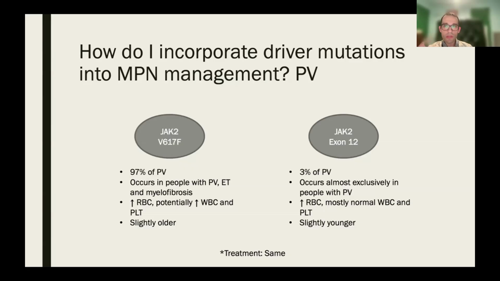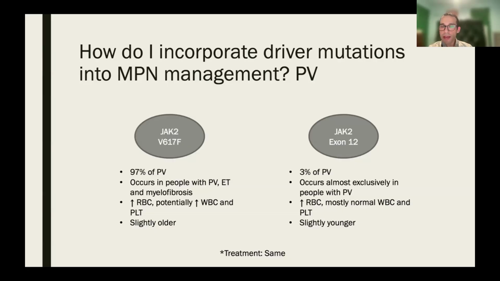There are two different ways that JAK2 gets altered or mutated in PV. The vast majority of people have what's known as the JAK2 V617F mutation, which also is the mutation seen in people with myelofibrosis and ET. A very small amount of people with PV will have a JAK2 exon 12 mutation, which is a different part of the JAK2 protein that's changed.